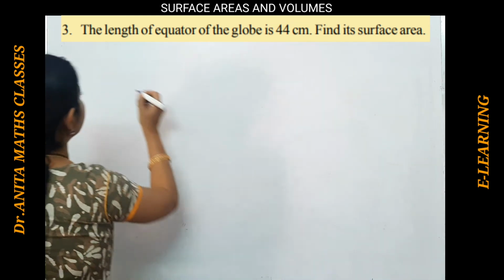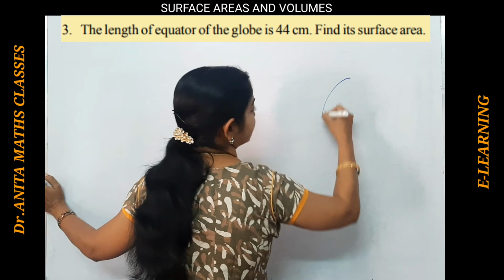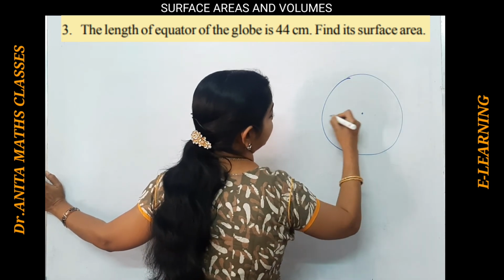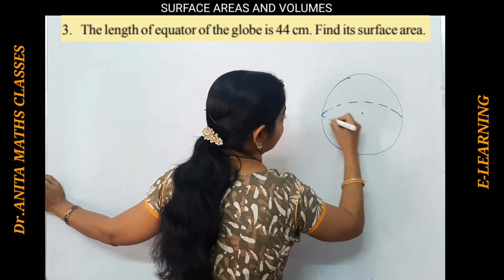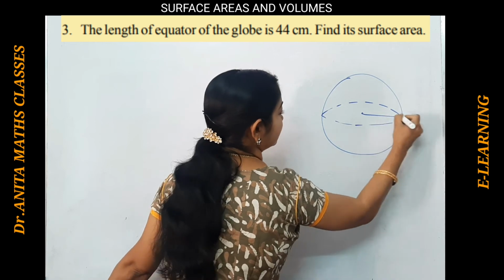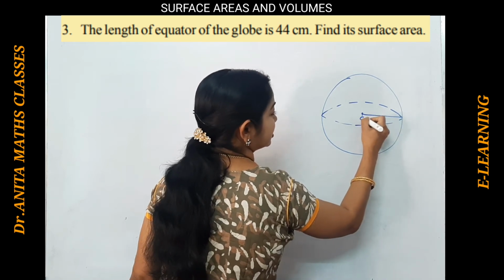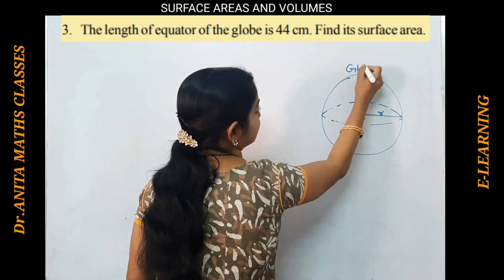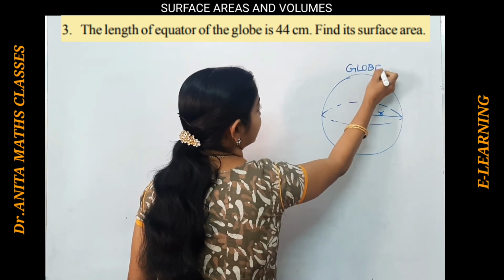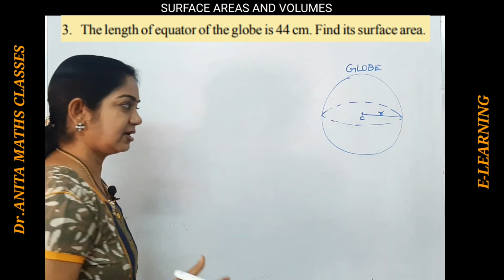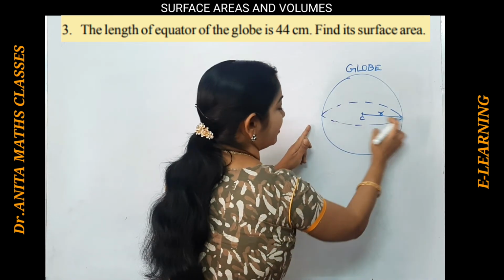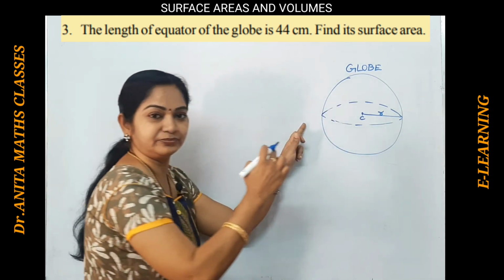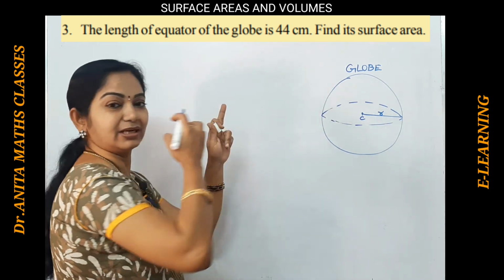Let me draw this sphere. If this is the center and this is a radius, then this is the globe. Here we need to understand that this part which I have drawn in the dotted form is nothing but a circle.